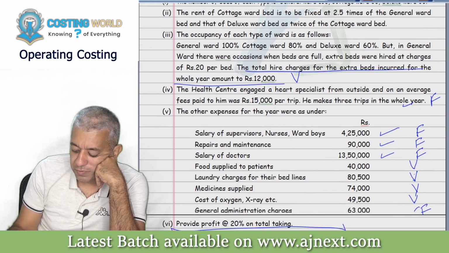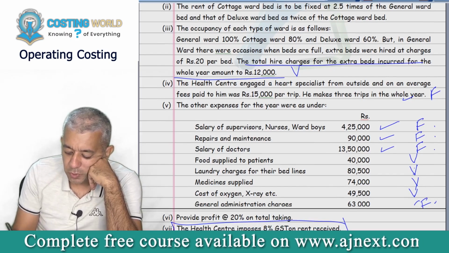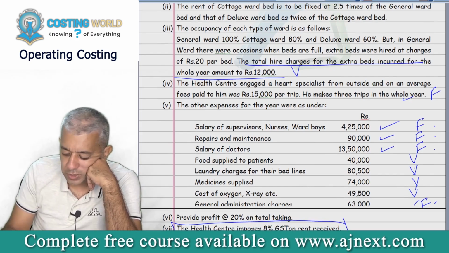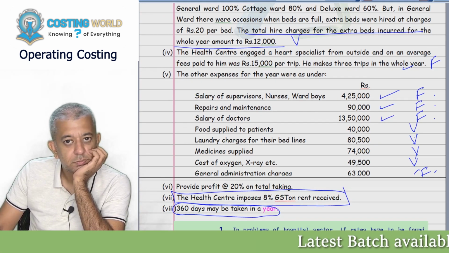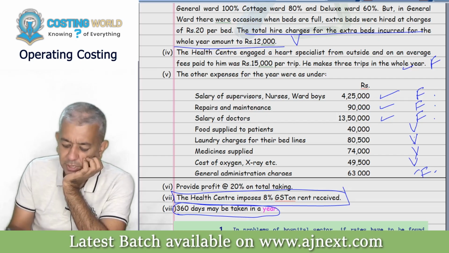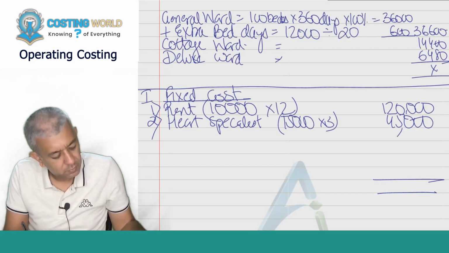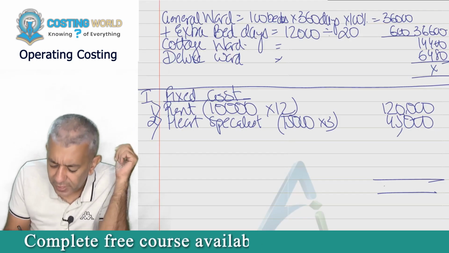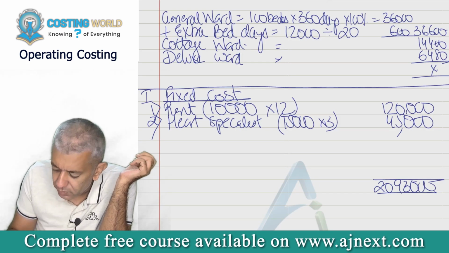Now do one thing, whichever cost I put as fixed, 1, 2, 3, 4. Just copy from the screen and total it up, please. The total is how much? 20 lakh? 93,000.